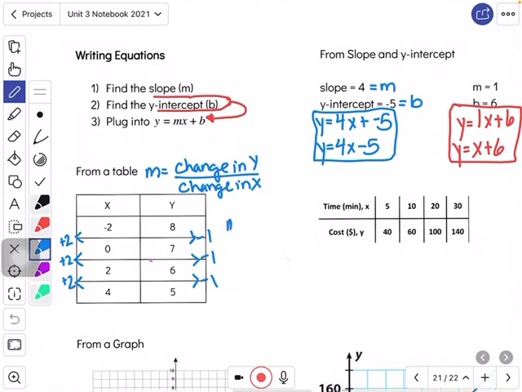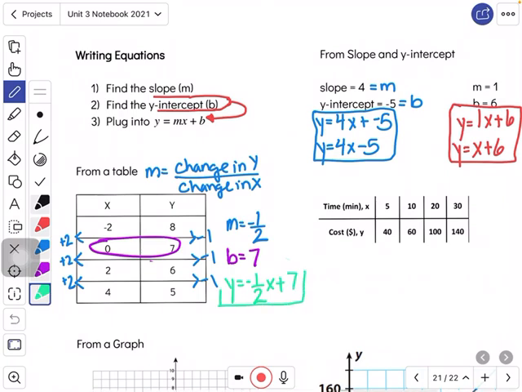So this slope is -1/2. Your y-intercept, or b, is 7. Plug in: y equals -1/2 x plus 7. Final answer.